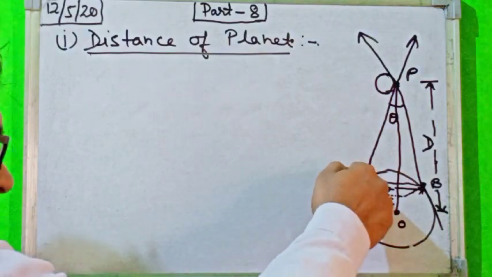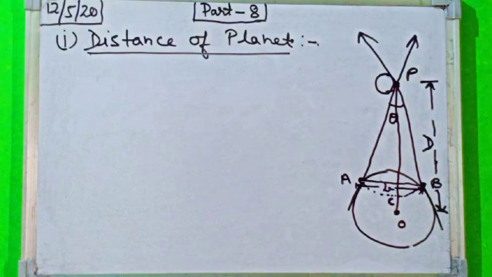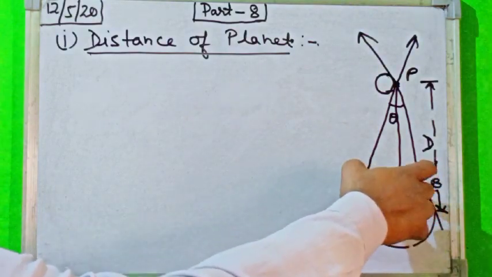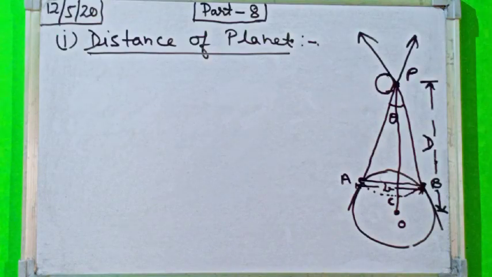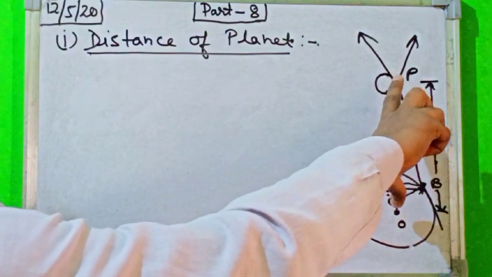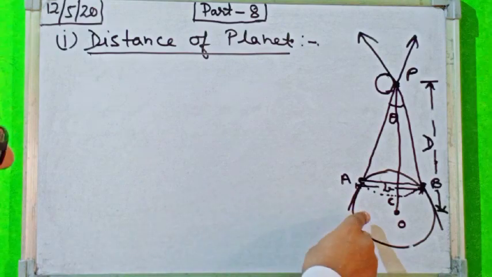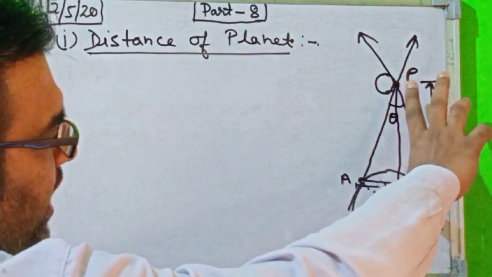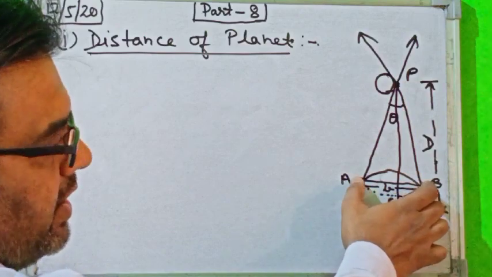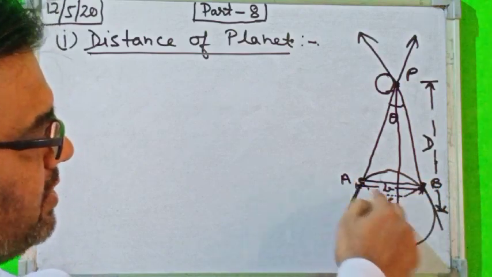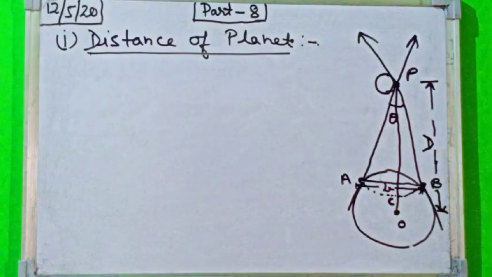Now we had taken an arc ACB and chord AB. The chord AB has length b. Now look at here, it is a very important assumption which we have to adopt during our derivation. Since the planet is very far away from the surface of the earth, we can consider AB equal to arc ACB.